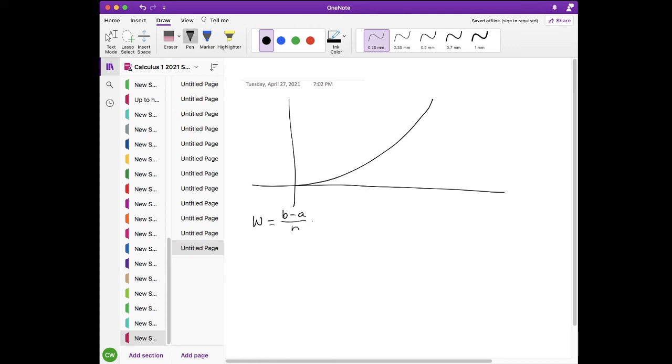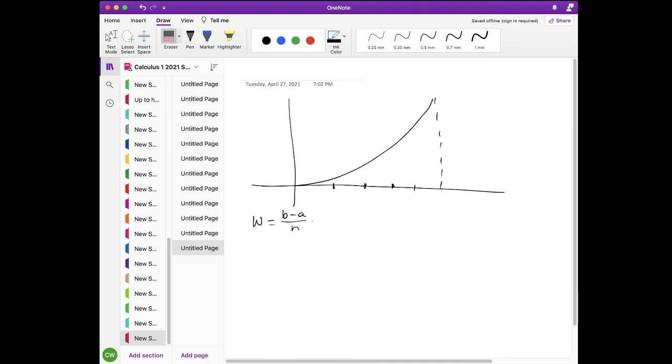And we know that the lengths of our rectangles are defined by B minus A over N times F of A plus B minus A over N. Sorry, what is B minus A over N?